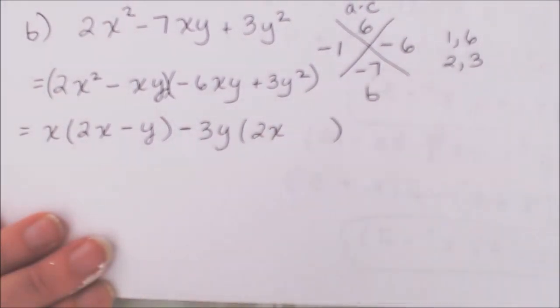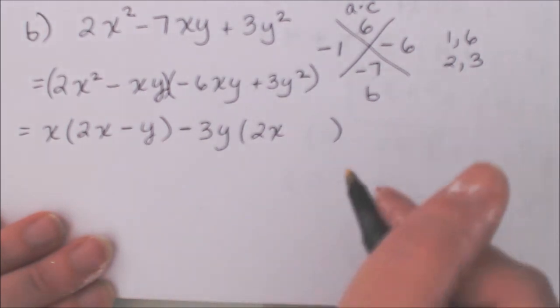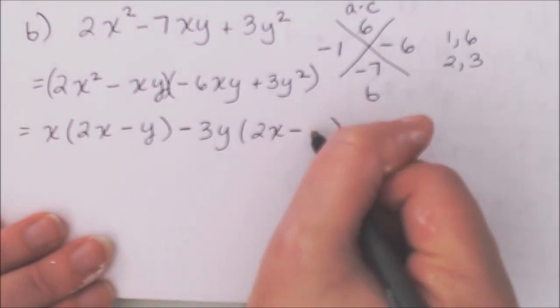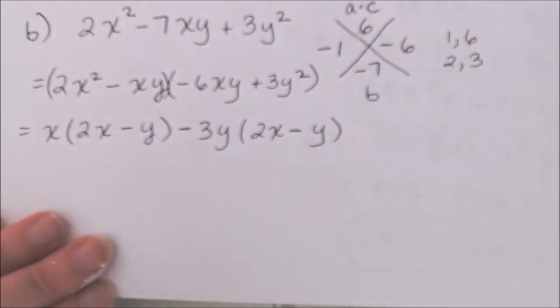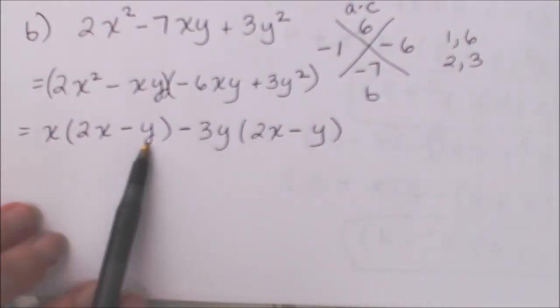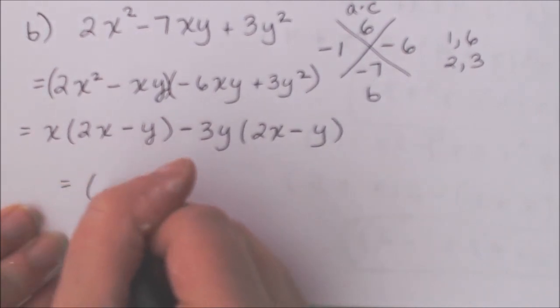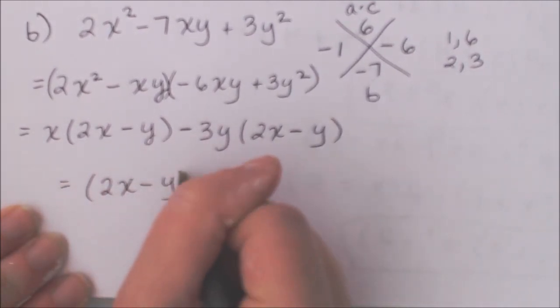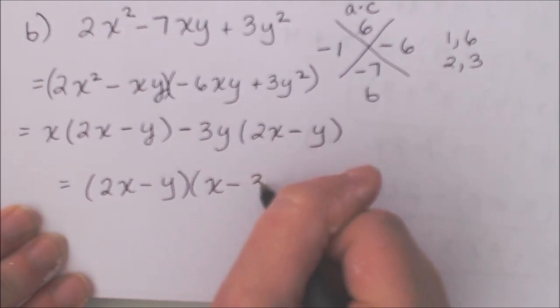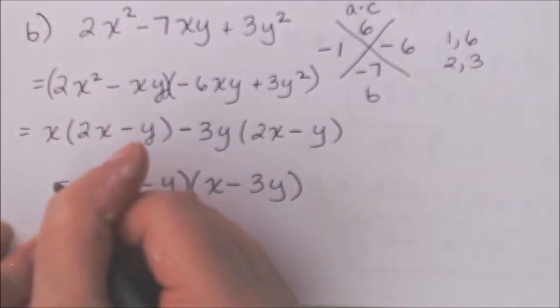That would be 2x. What would I multiply negative 3y by to get positive 3y squared? It would have to be a negative y. And you notice what's in the parentheses now matches, as it should when we group factor. So I'm going to take out what they have in common, 2x minus y, and x minus 3y is going to be the other set of parentheses.